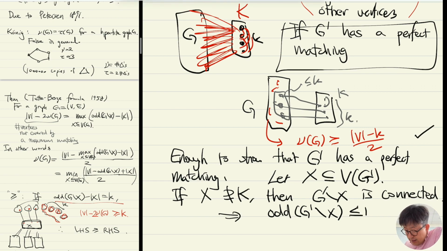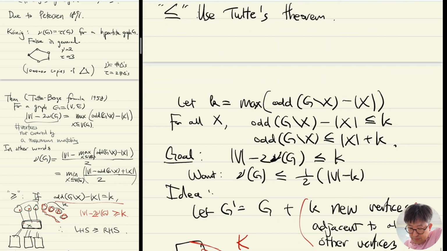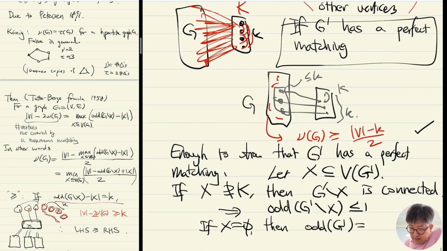And why is it not an issue? If X is not empty, then this is okay. If X is empty, then the number of odd components of G prime is equal to, so what is this?